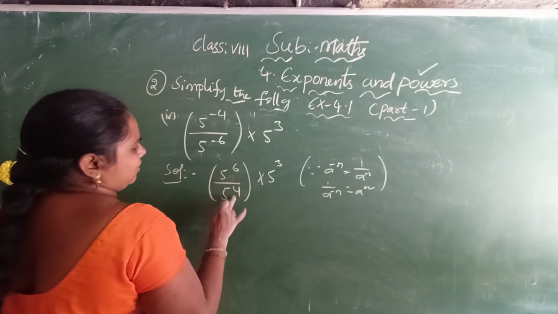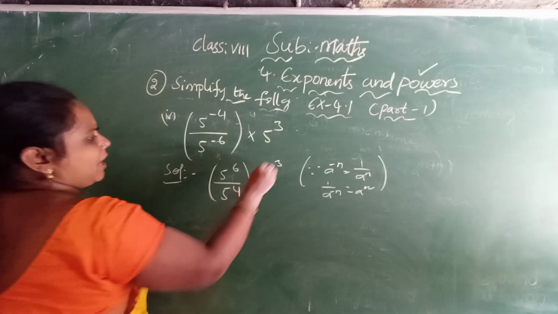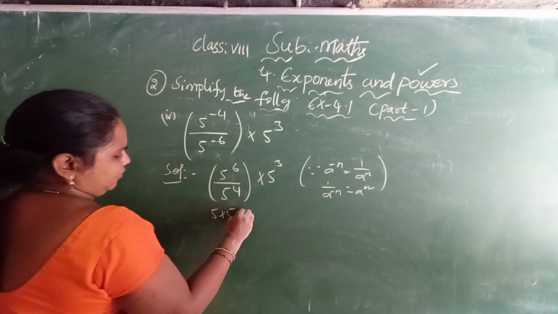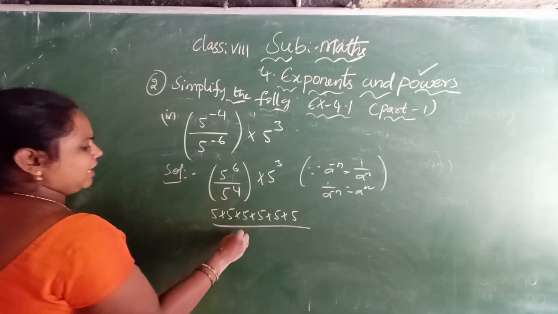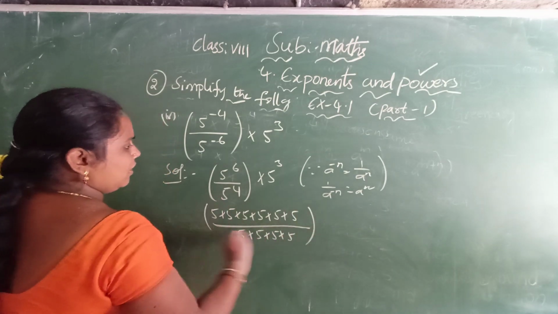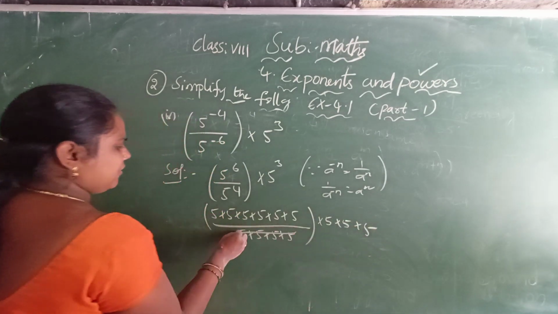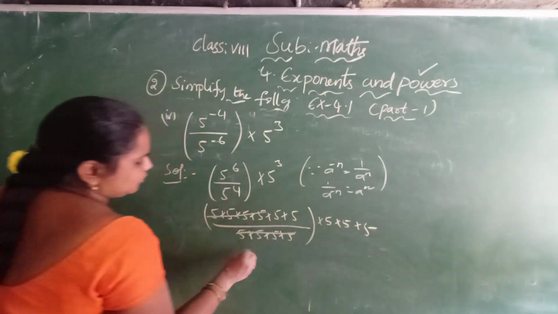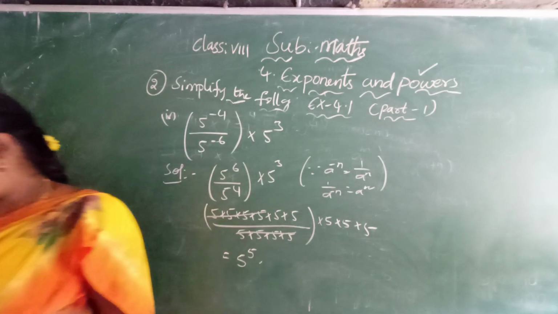So 5 power 6 by 5 power 4 into 5 power 3. 5 is present 6 times in the numerator: 5 into 5 into 5 into 5 into 5 into 5. In the denominator, 4 times and 3 times. So cancel 1, 2, 3, 4, 5 with 1, 2, 3, 4, 5. How many 5s are left? 1, 2, 3, 4, 5. So the answer is 5 power 5.